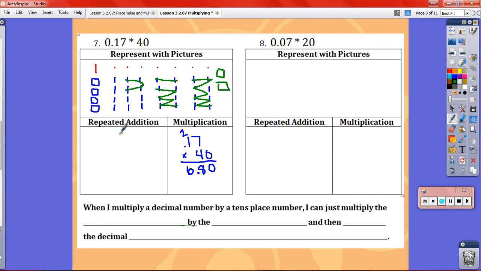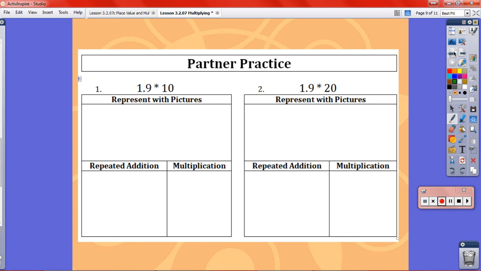So I have 8 tenths and 1, 2, 3, 4, 5, 6 holes. So I got the same thing as when I multiplied. Then there's some practice that you can complete.